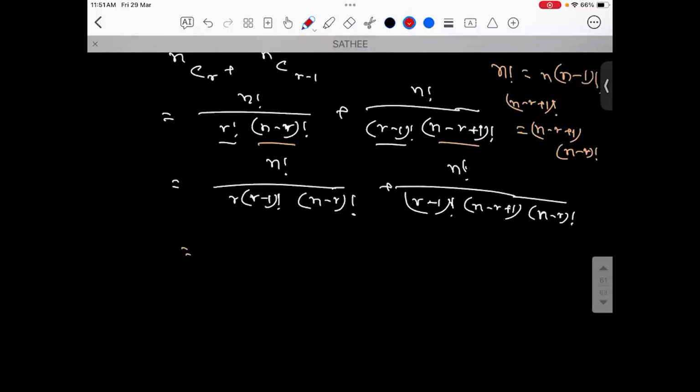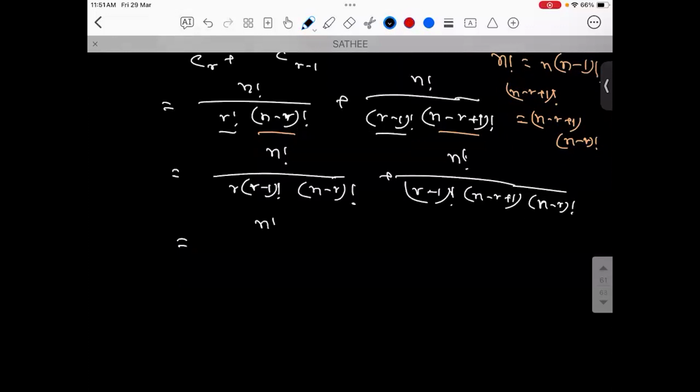Now let us take common. If I take common, what will I get? n factorial divided by (r minus 1) factorial into (n minus r) factorial. The first thing I will get is 1 over r plus 1 over (n minus r plus 1).